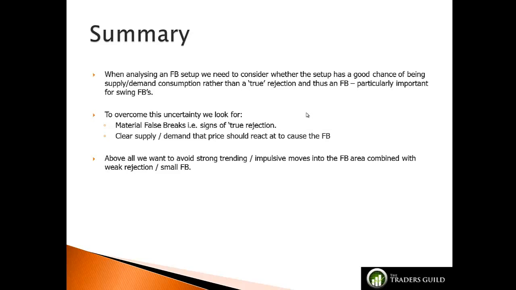So above all, depending on your risk tolerance, what you want to be able to conclude is that strong trending impulsive moves into the FB area combined with weak rejection, materially small false breakouts, significantly increases the chances of that setup being supply demand consumption rather than a true rejection and thus a true false breakout setup.